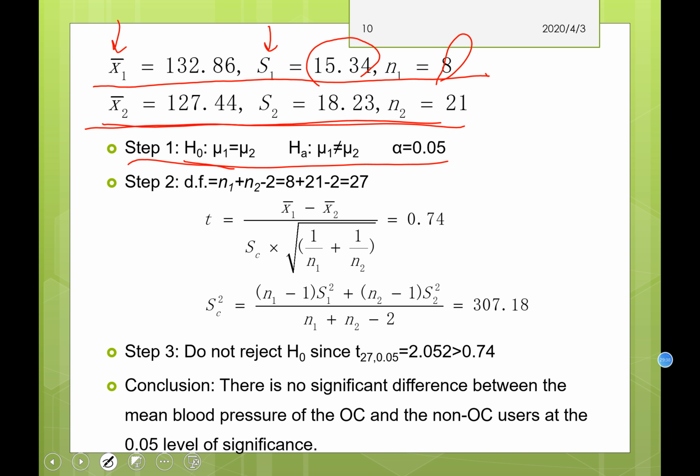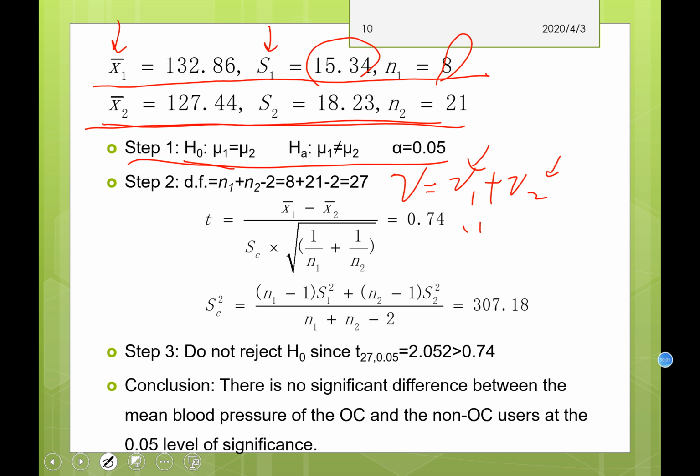Step 2, we need to calculate the degree of freedom. But here, the degree of freedom is very special. It's not n-1, because we have two samples here. So actually, nu equals nu1 plus nu2. This is the nu for sample 1 and this is the nu for sample 2.